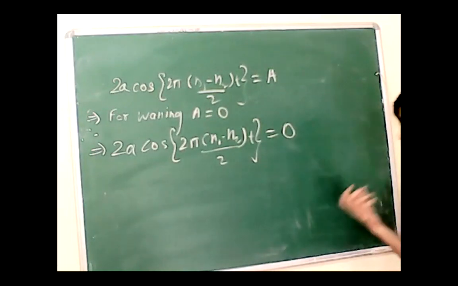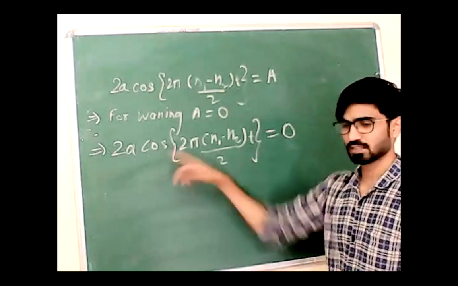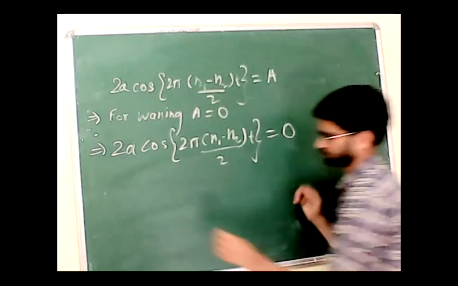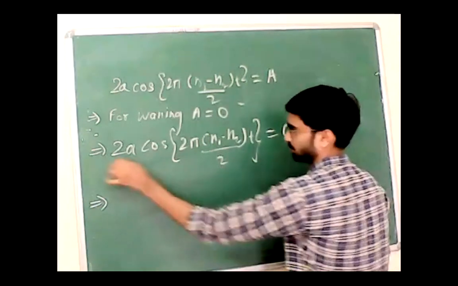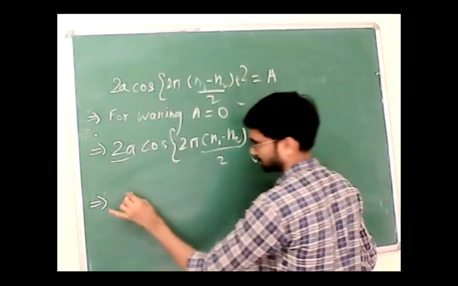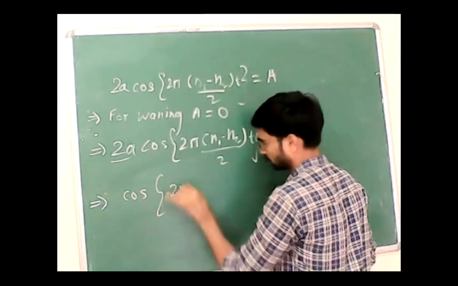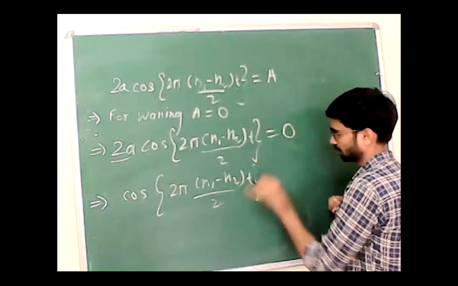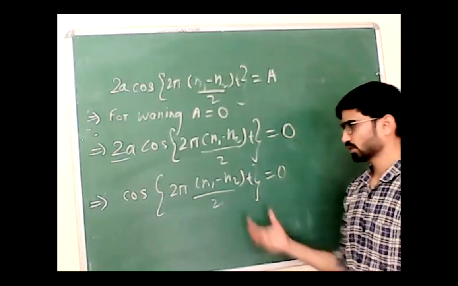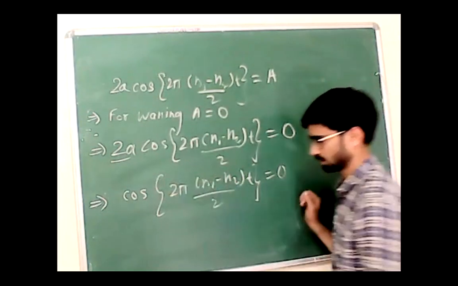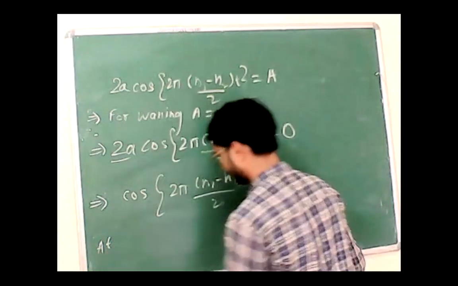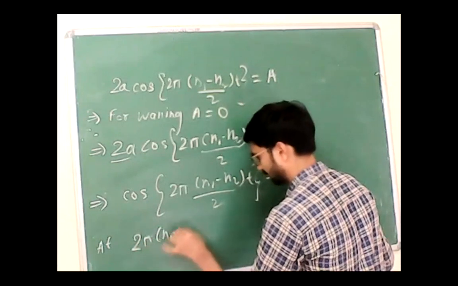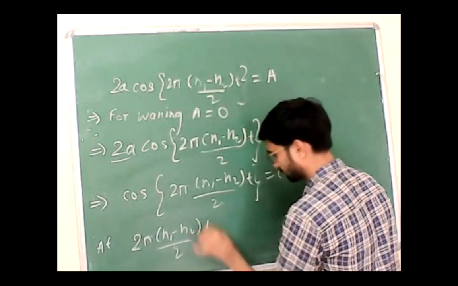So from here if we simplify, we should know when the value of cos is 0. At which angle is the value of cos 0? So I can write this as cos(2 pi (n1 minus n2) divided by 2 into t).